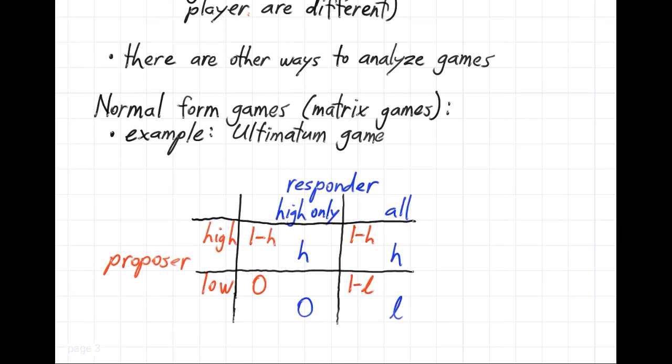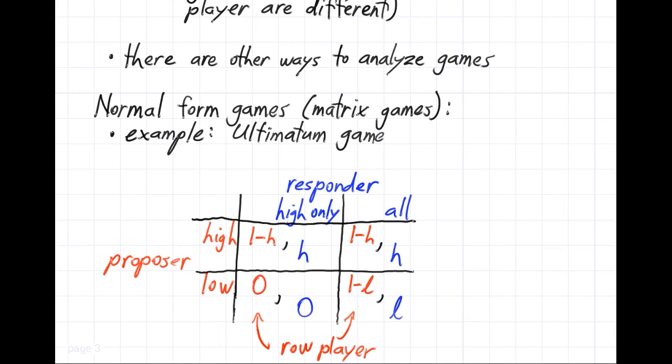It's not necessary to offset these payoffs in the boxes. You can just write them beside each other and just put a comma between them. And then you know that the first number is always the row player's payoff, which in this case is the proposer.